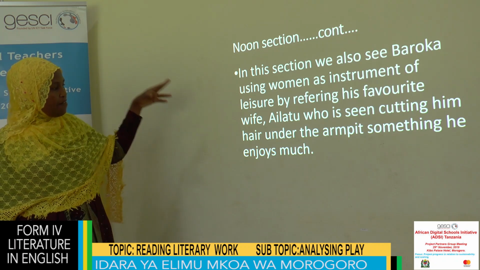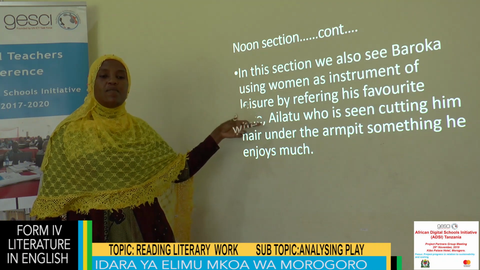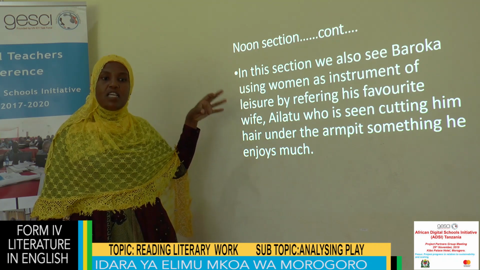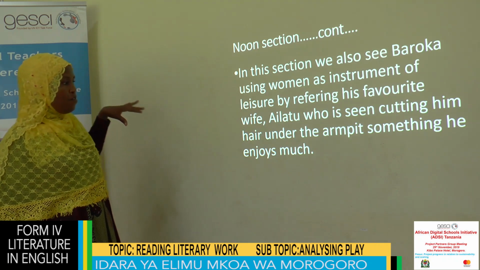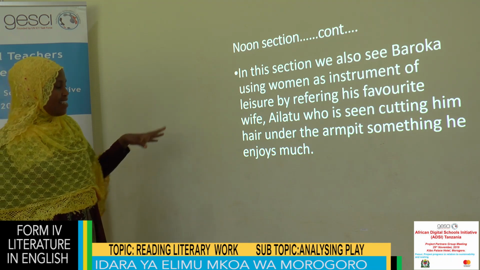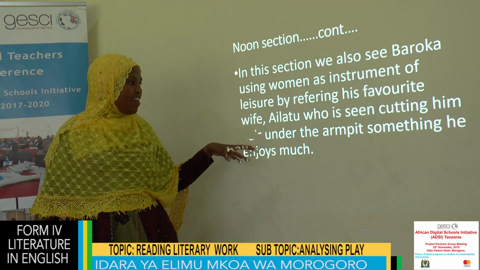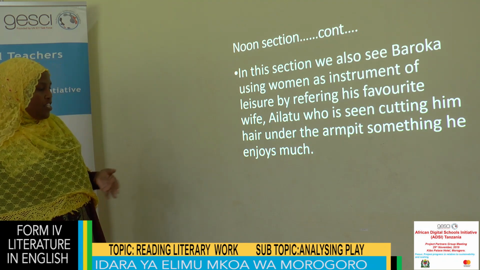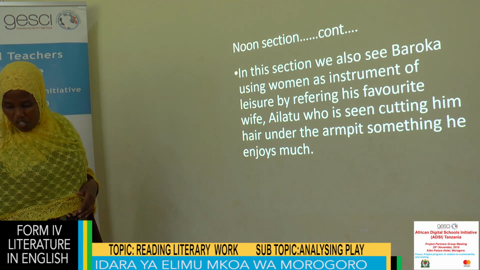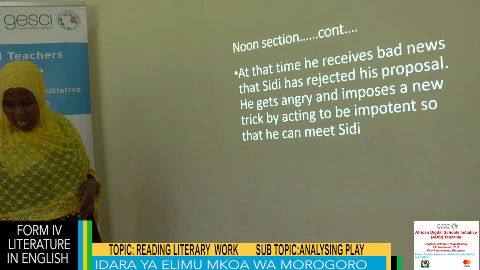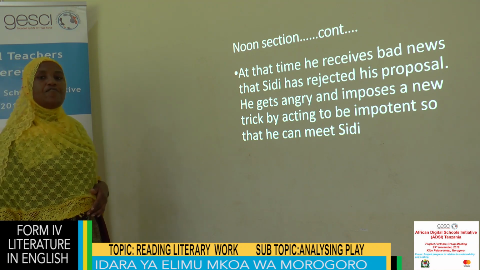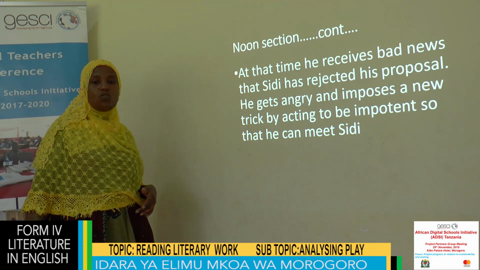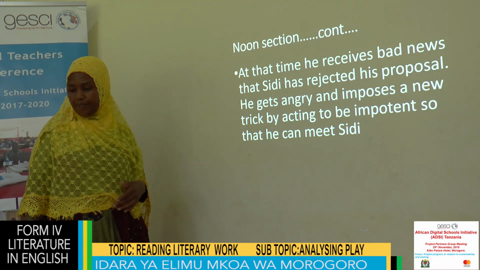She is recognized by the chief as his favorite wife, a very beautiful wife, cutting her husband's hair under his armpit, and this makes the chief enjoy it very much. From that point we get the theme that this chief is using women as tools for pleasure.